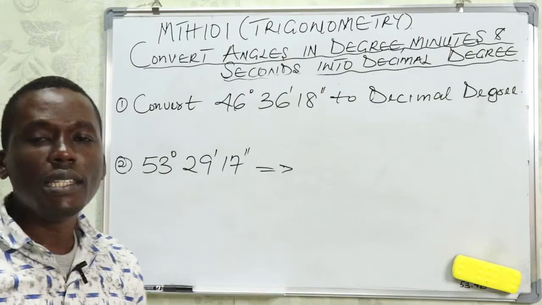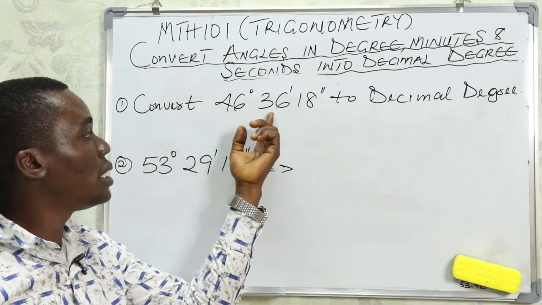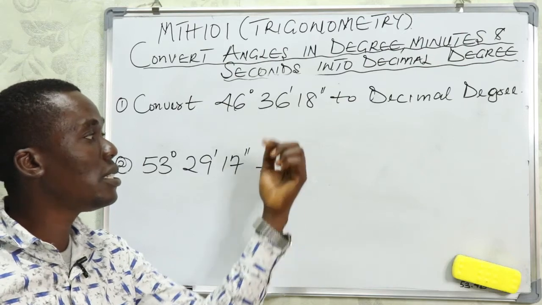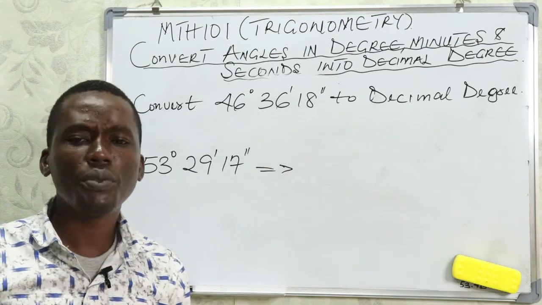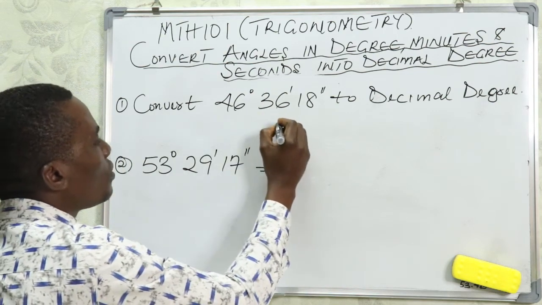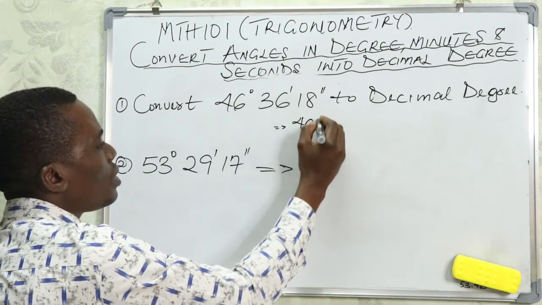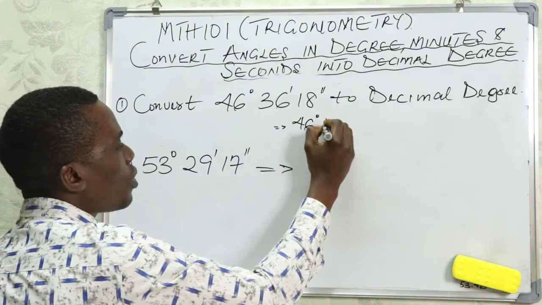Welcome back. In this sample, you are requested to convert 46 degrees, 36 minutes and 18 seconds to decimal degrees. Now how do we go about solving this? To solve this, note that the 46 is already in degrees, so we don't need to touch it.